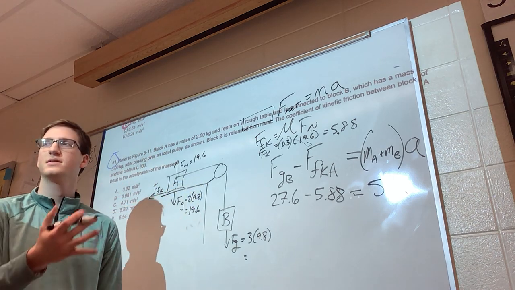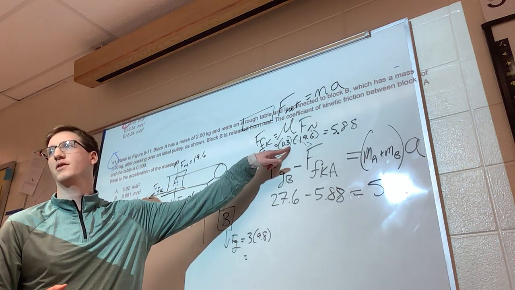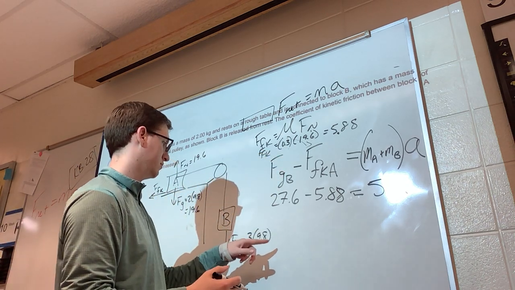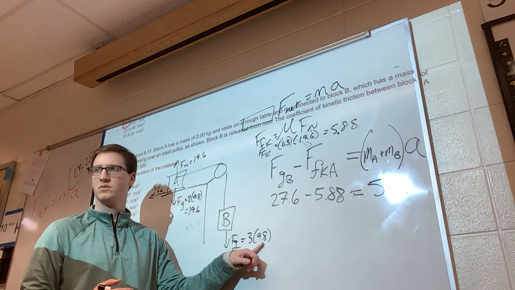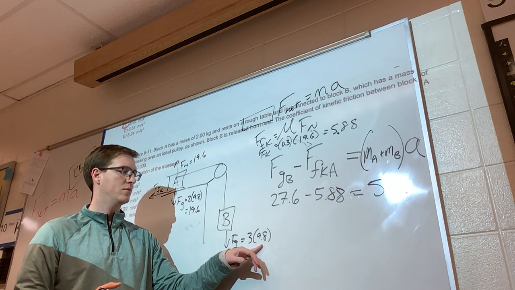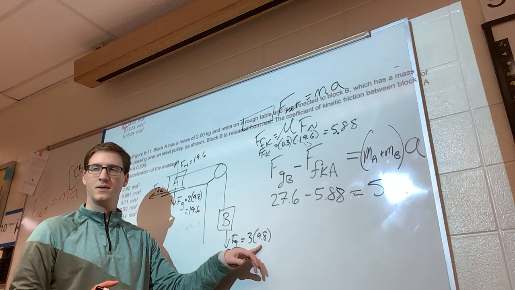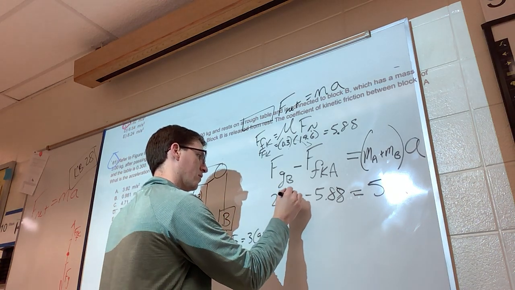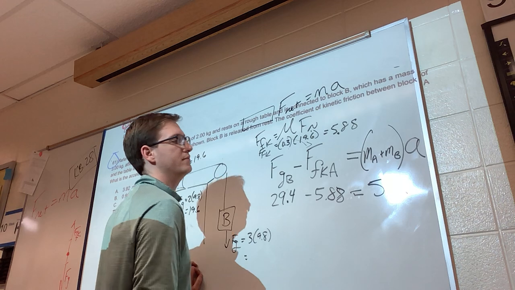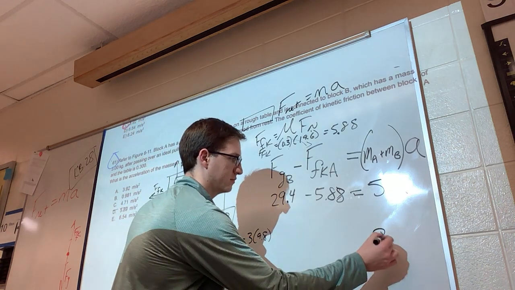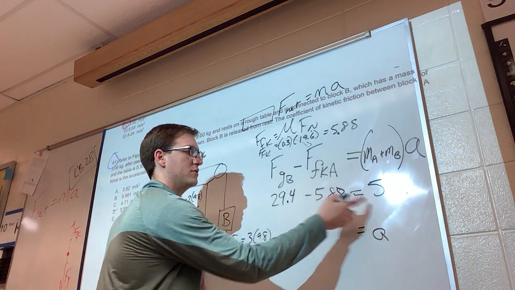Right. So the process is still the same, and there's just extra hoops of figuring out the force of friction. Oh, it's 5.88 times 9.8. So then you subtract those and you divide by 5.